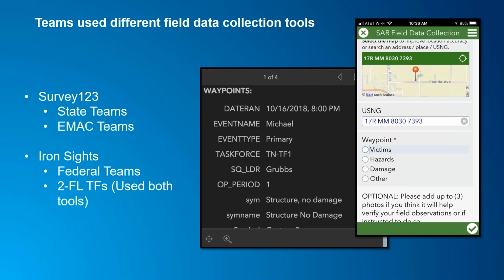So what you ended up with was, even though you had 2 different primary means of collecting data between Survey 123 and Iron Sights, they were coordinated. Like you said, that data was able to be integrated into one common view to help those folks make decisions and deploy resources. So that effort was huge.